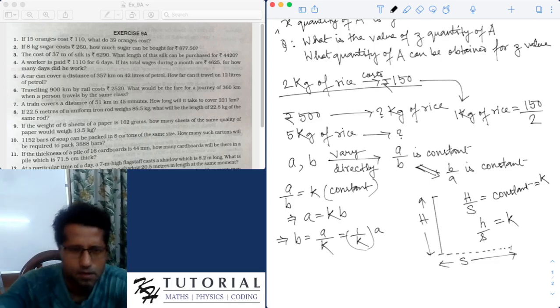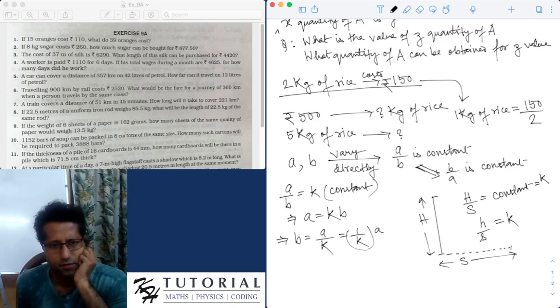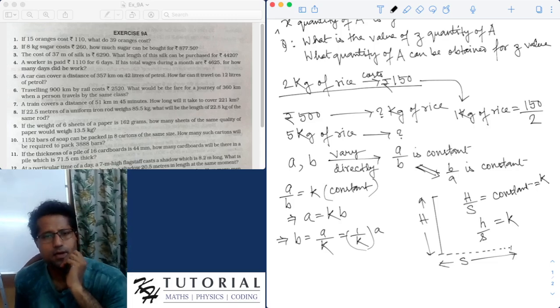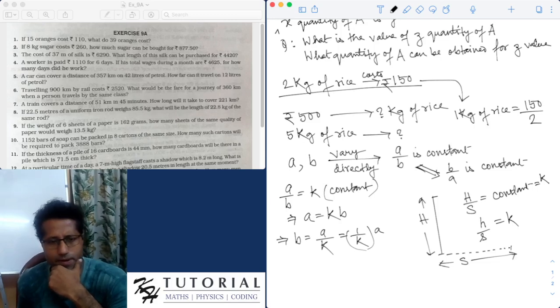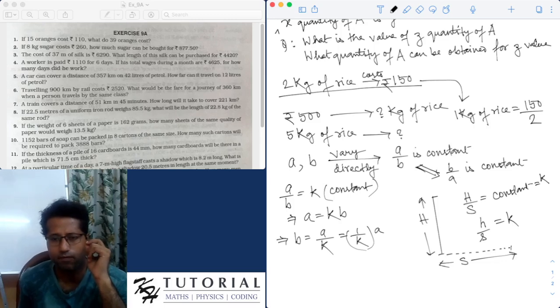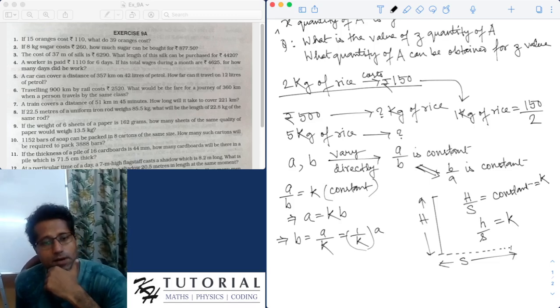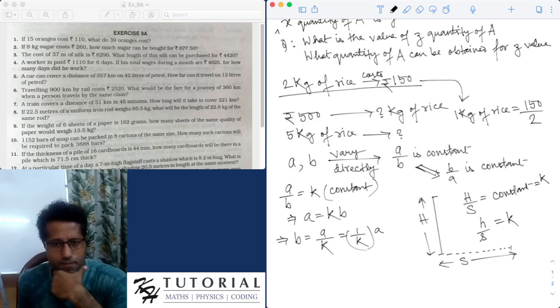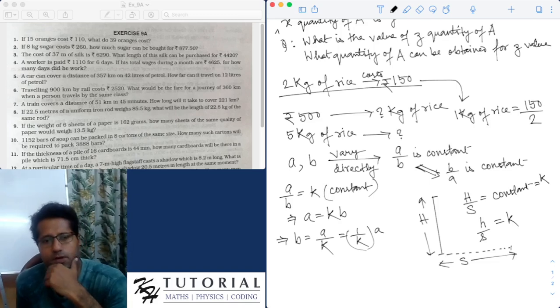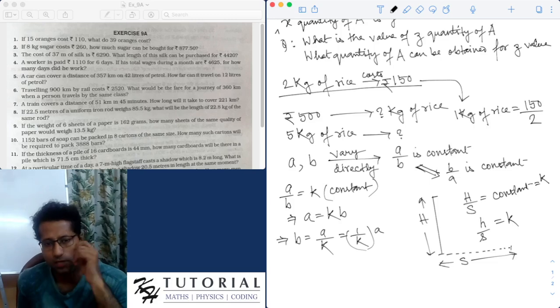Another example is the number of men at work and the amount of work done in a day by all those men. Let's say M is the number of men working to complete a particular type of task, and in a day the amount of work done is W. If you increase the number of men for the same kind of job, then more work will be done, that is, W will increase.